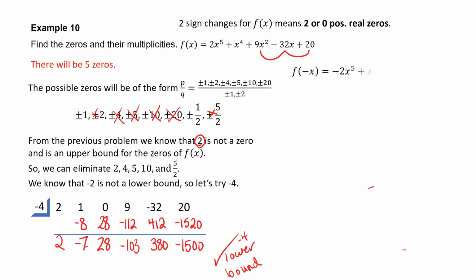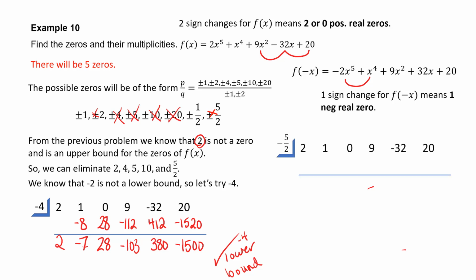So f of -x will tell us how many negative real zeros there are. That has 1 sign change, which means that there is 1 negative real zero. So we know there's definitely 1 negative real zero. Unfortunately, we have 3 to choose from, so we have to choose. And we know that there could be 2 positive real zeros or none.